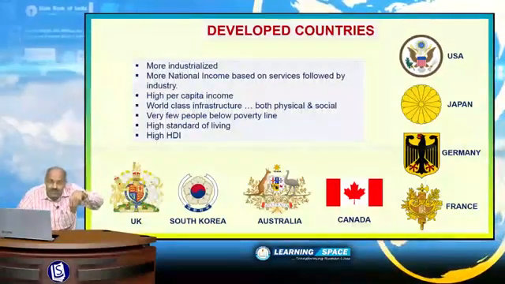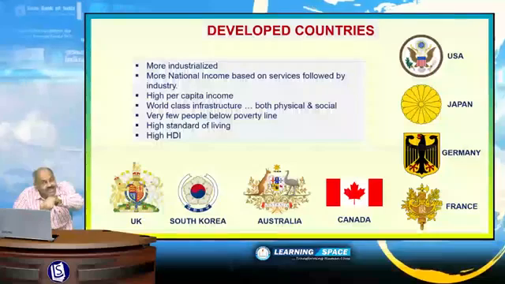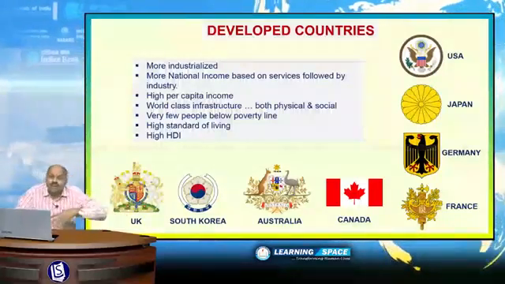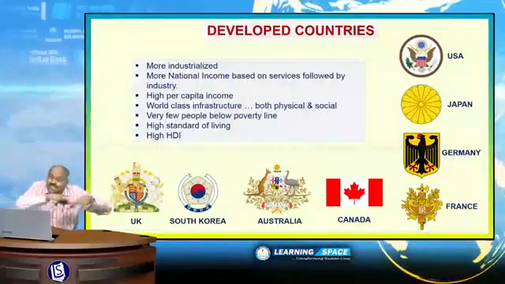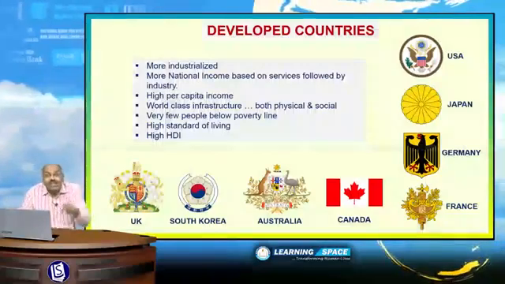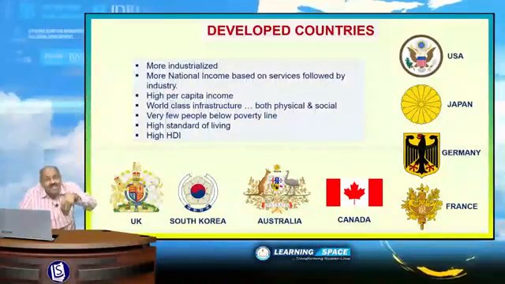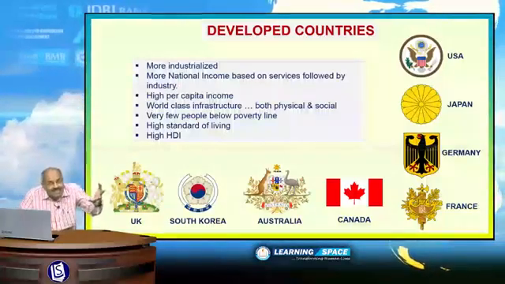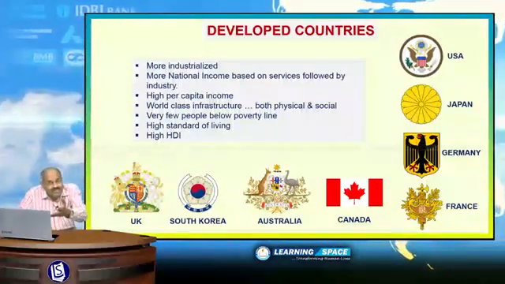You may ask, what is physical infrastructure and social infrastructure? Physical infrastructure examples are world class highways, world class railways, bullet trains. Social infrastructure examples are world class universities and world class health facilities.